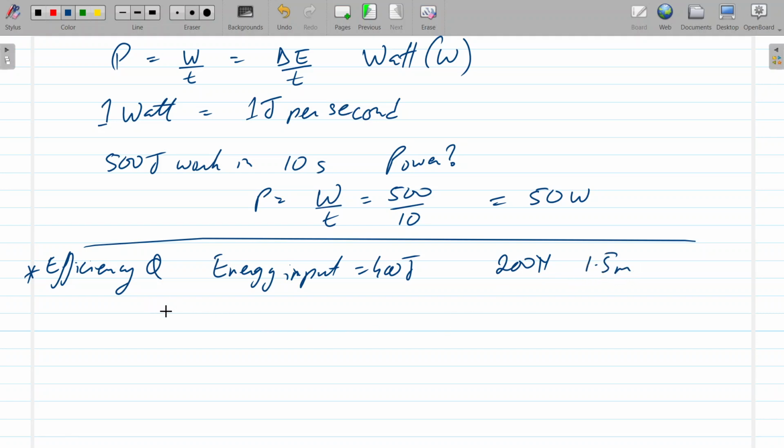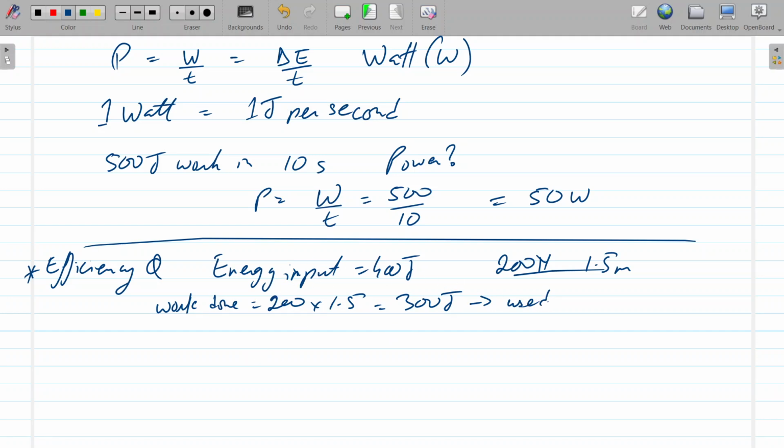First, we calculate the work done, which is the energy that is actually utilized. So how much did we actually use? Work done is 200 times 1.5, which is 300 joules. That is how much we actually used, and that is how much we put in.